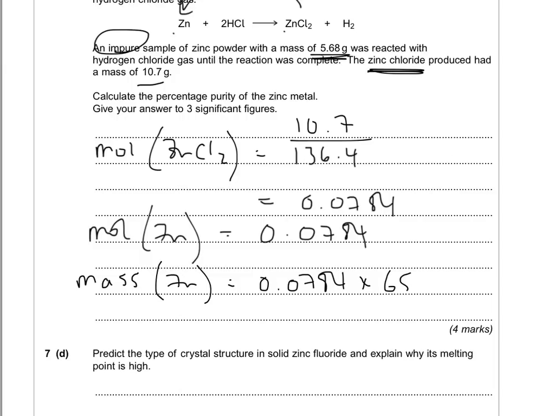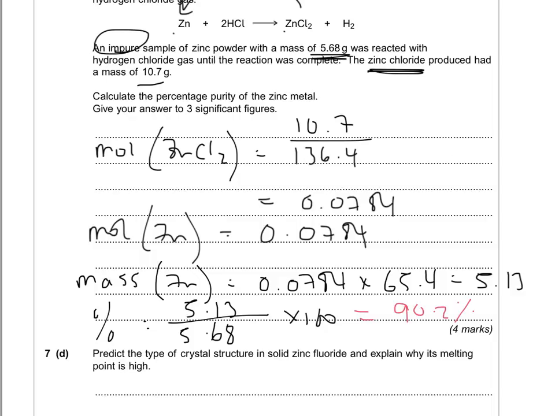The MR is 65.4, and then equals 5.13. And then the percentage purity is going to be 5.13, so that's the pure zinc, divided by the mass of the impure zinc, which is 5.68, times 100, and that gives your answer, which is 90.2%.